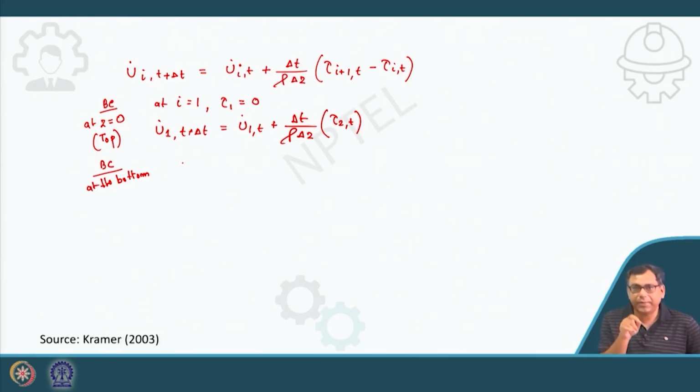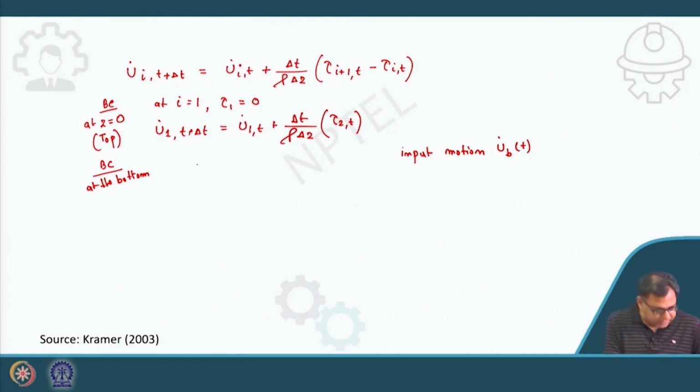From the bedrock motion I want to determine the ground surface motion, or free surface motion. So, my input motion is say u_b at t.